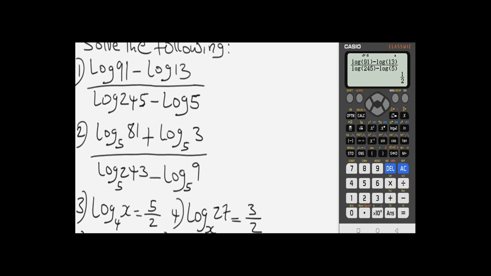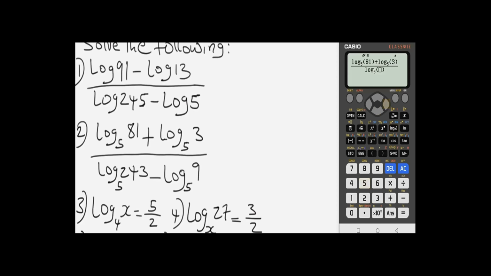Let's solve question 2. Fraction. So we have log in base 5. Make use of this base 5. Then we have 1. Alright, plus log base 5. Here we have 3. Come down, we have log base 5.